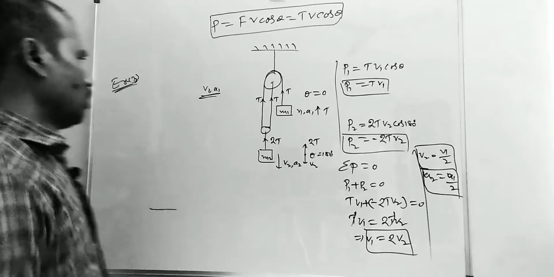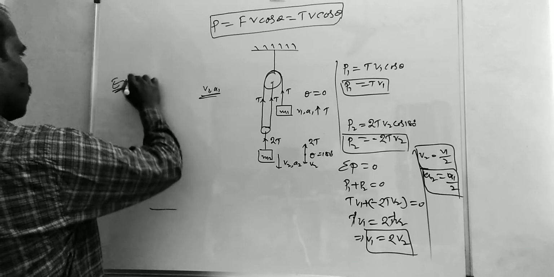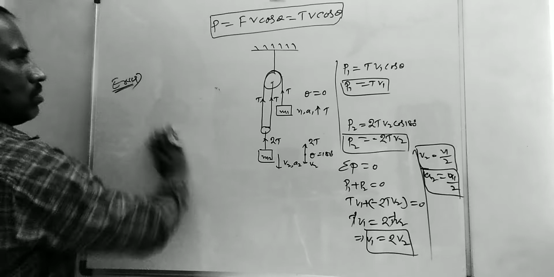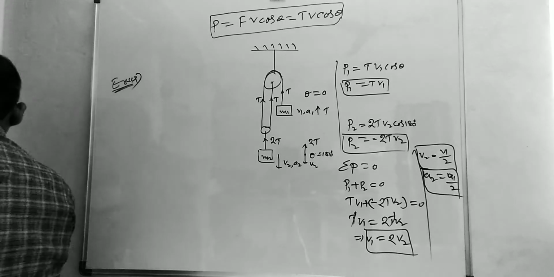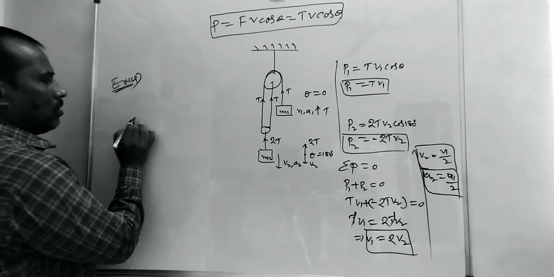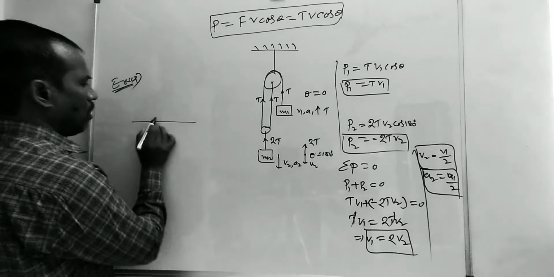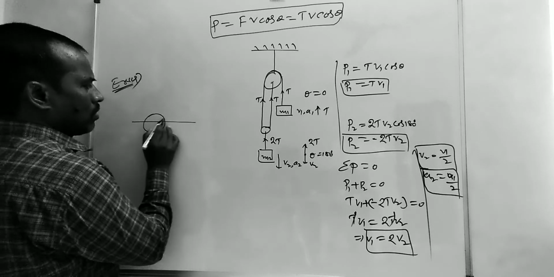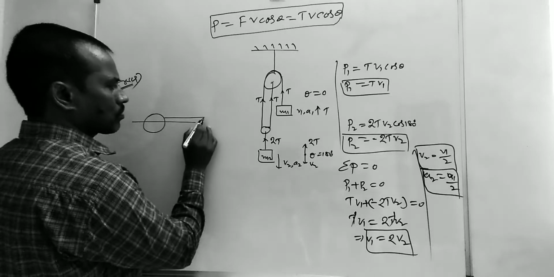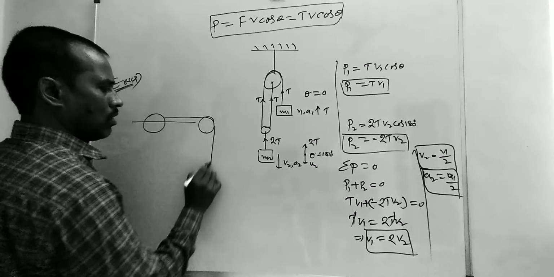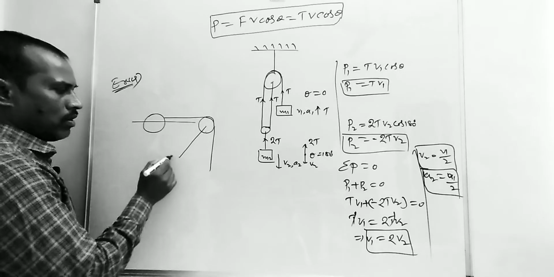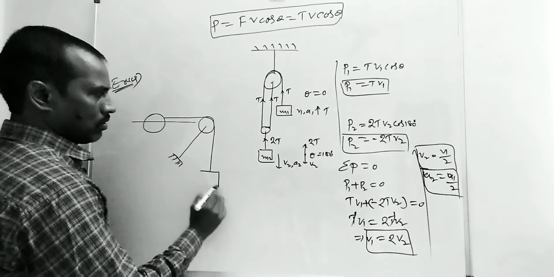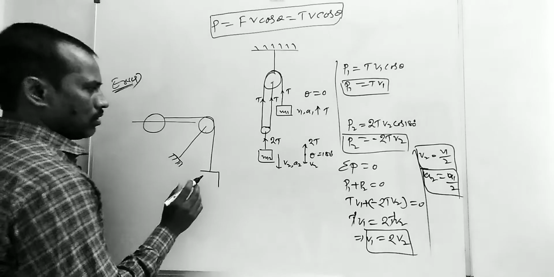Now example 4. For example, this is a ring. This ring is connected to a string over the pulley. The block is suspended here.